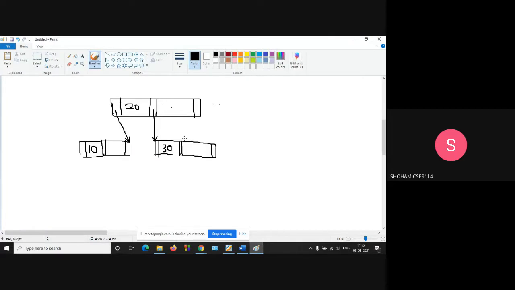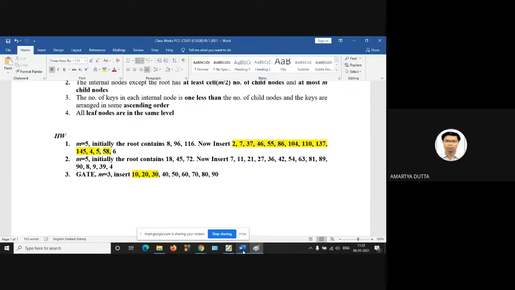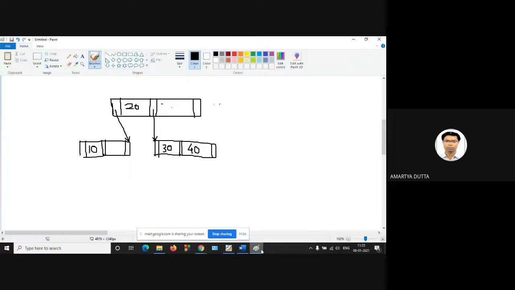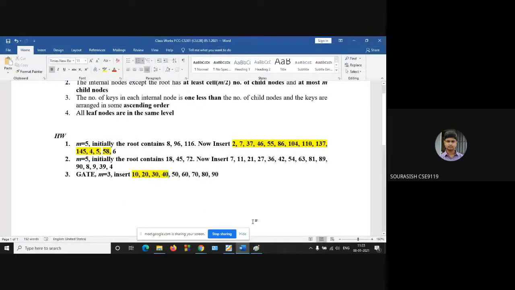40. কি করব? এর পর now insert 40. So 40 because 40 is greater than 20. 40 complete. Now, sir, in these cases, if there is space in the child nodes, then we will insert in the child nodes.